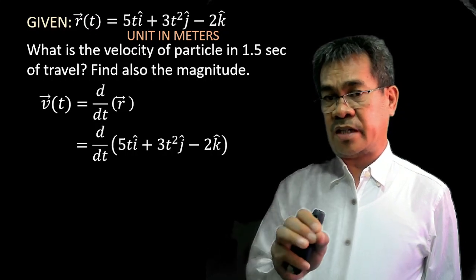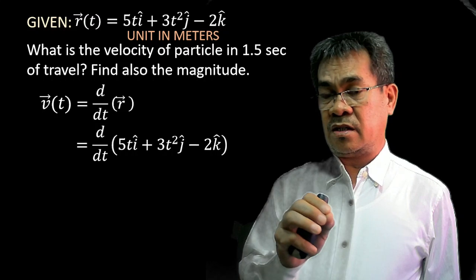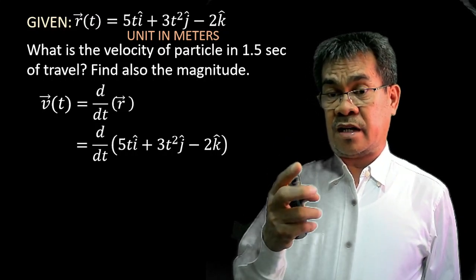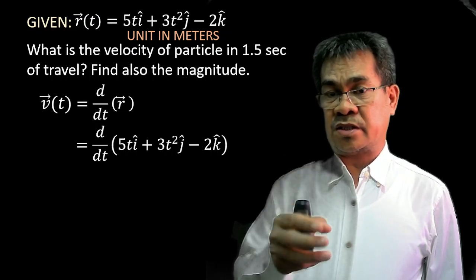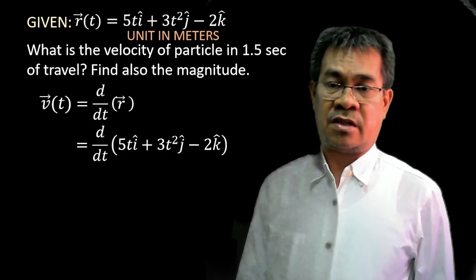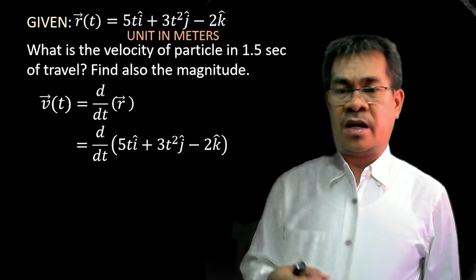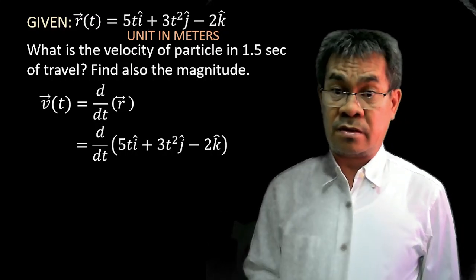So you can break that into individual terms. What is the derivative of 5t i hat, then what is the derivative of 3t squared j hat, then minus the derivative of 2k hat. Remember the variable is t, with respect to t. After that, you have to apply another rule, the power rule.